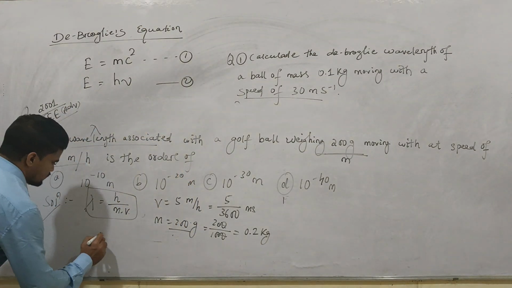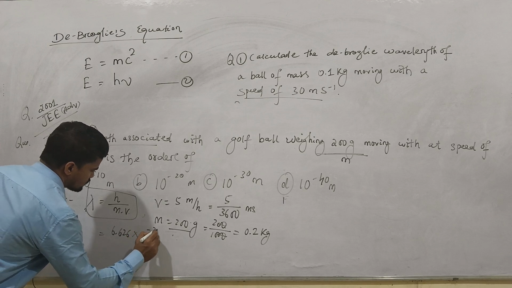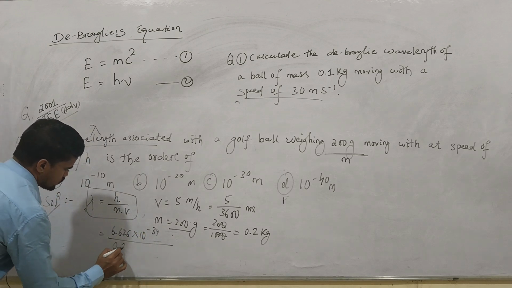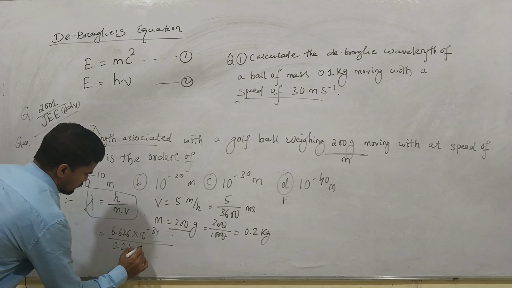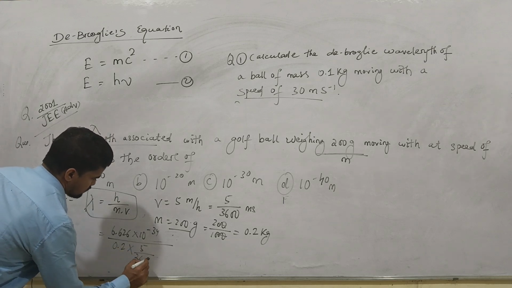Now put in this formula: 6.626 into 10 to the power minus 34, whole divided by mass 0.2 into 5 upon 3600.